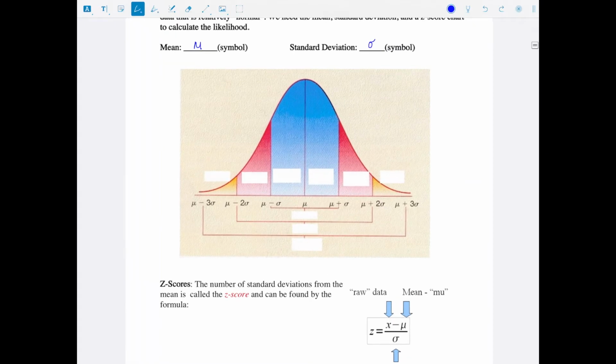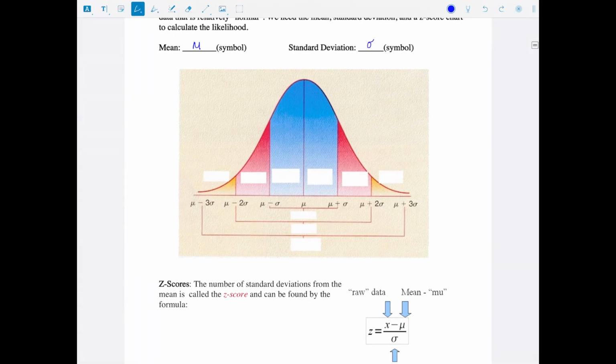So I'm going to use some basic numbers to represent this. If you have a normal distribution, here's your average, and within one standard deviation to the left and to the right, what you'll have is 68% of your data. Okay?